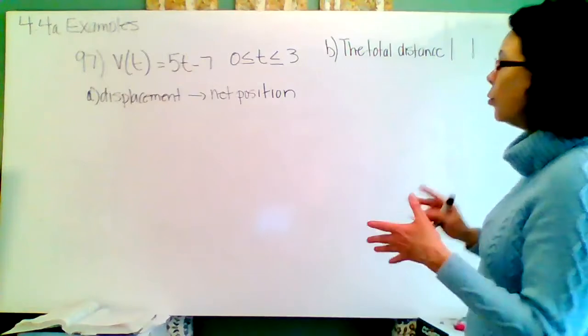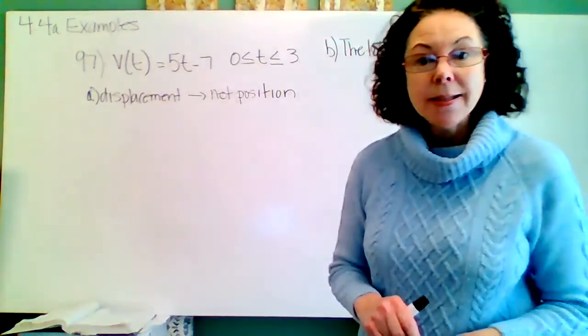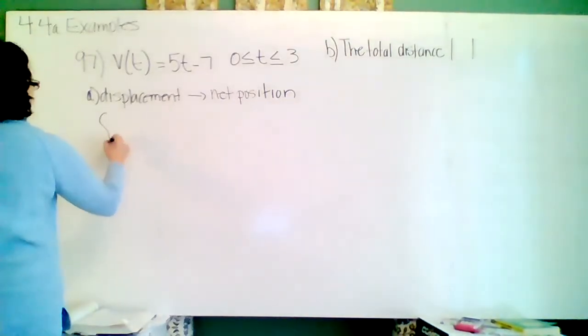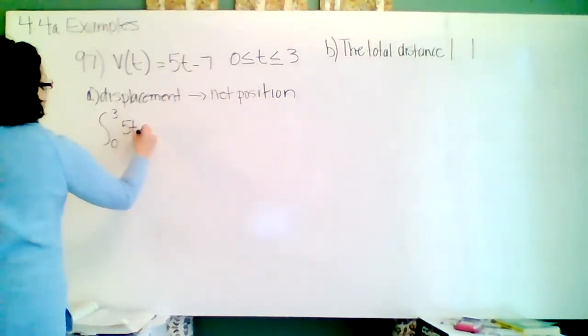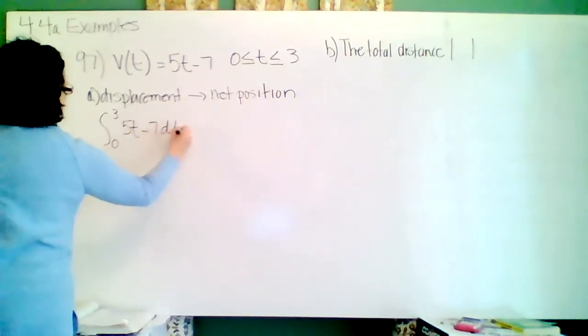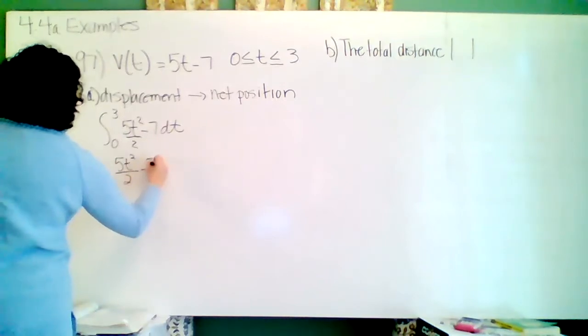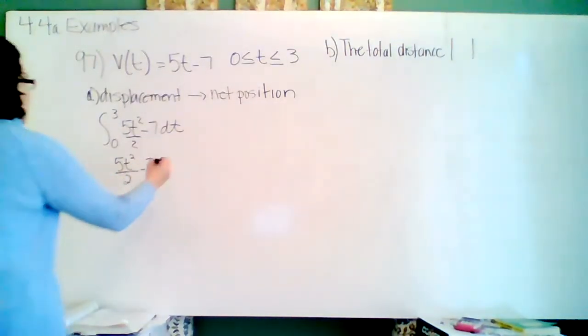So what do we do here? Displacement, net position is easy. We just integrate. We don't worry about anything. We just integrate from a time of 0 to a time of 3 of 5t minus 7. So let's integrate. There we go. 5 halves t squared minus 7t.